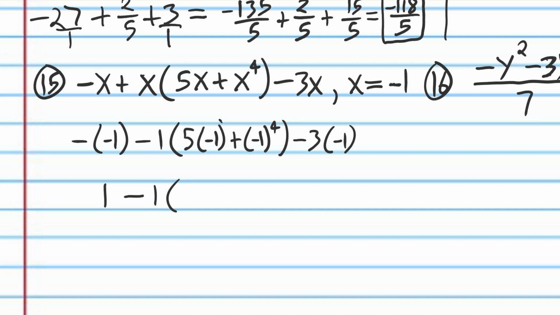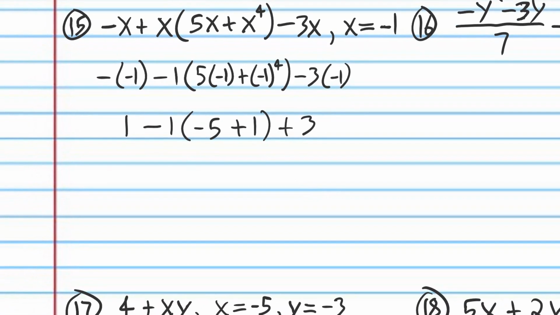So now 5 times -1 is -5, and again, I violated order of operations because order of operations tells us to do the exponents first, but it doesn't matter which one you do first. In this particular example, you're going to get the same answer. -1 to the 4th power is 1, and -3 times -1 is +3. And again, I'm doing multiple steps just because it'll take forever if I do it step by step.